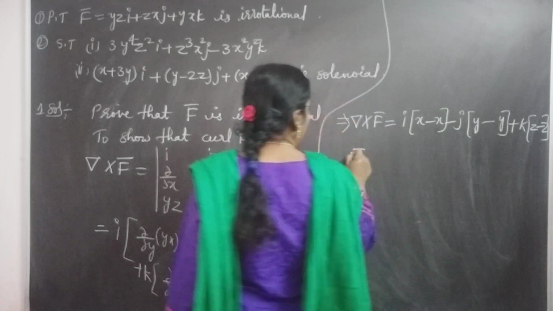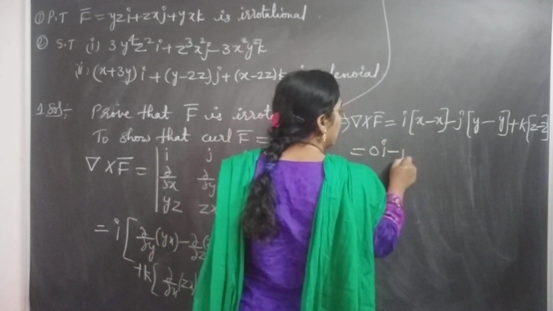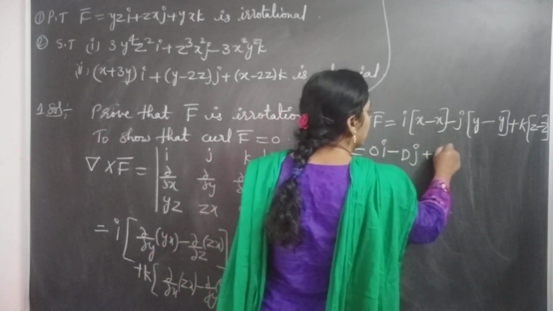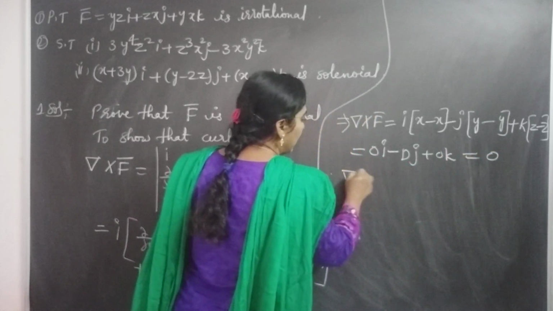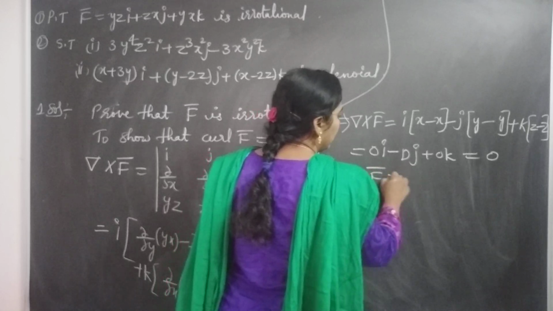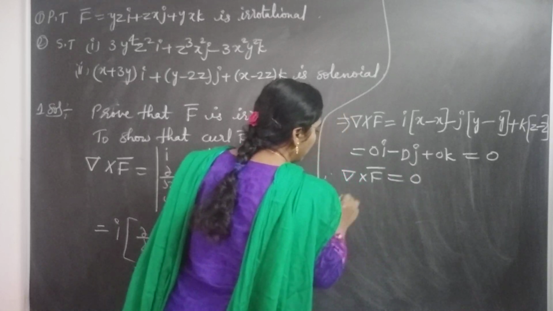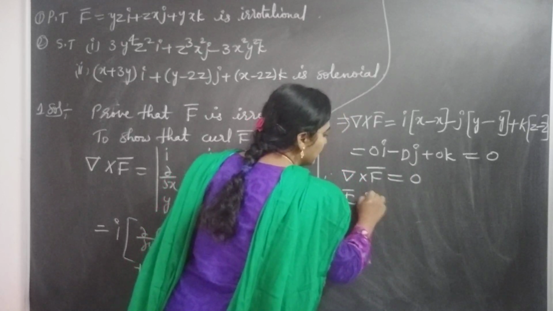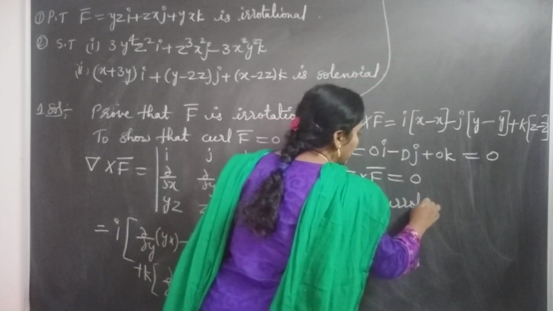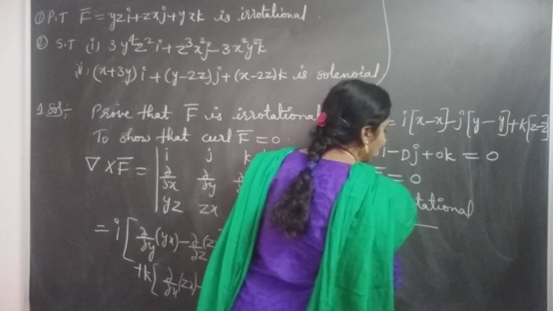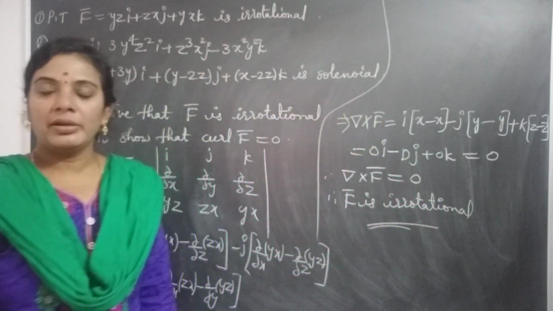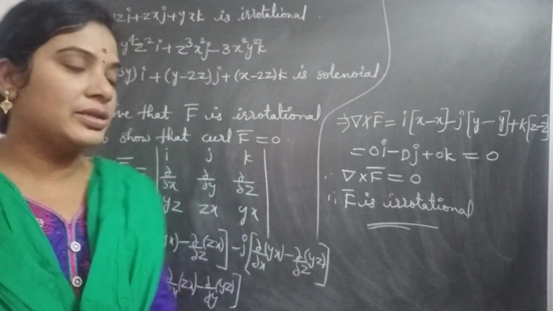So x minus x equal to 0i minus 0j plus 0k, that is equal to 0. Here del cross F vector is equal to 0. Therefore F vector is irrotational. This is the solution for finding irrotational.